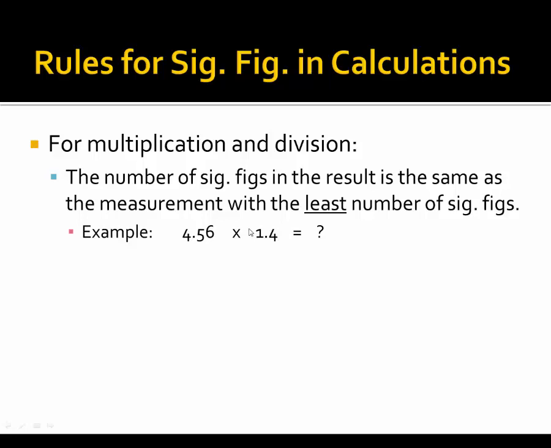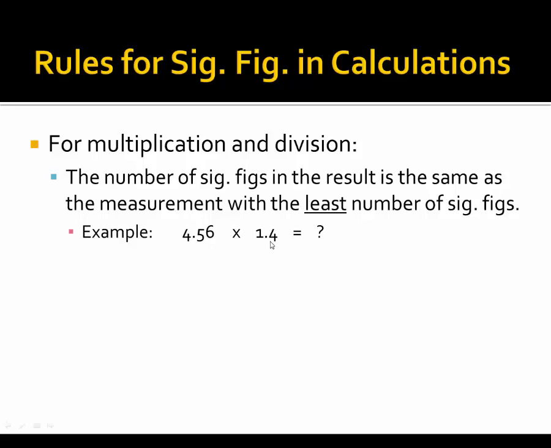So 1.4 is less accurate than 4.56. If 1.4 is less accurate, my answer cannot be more accurate than 1.4. Since 1.4 limits my accuracy, my answer must be limited to two significant figures.